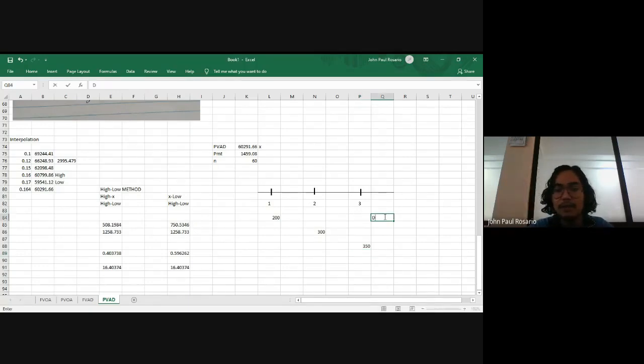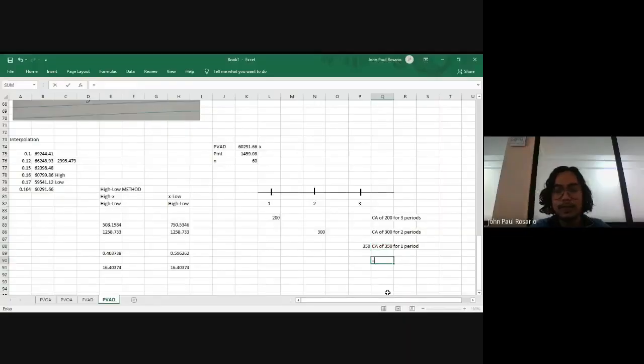So the future value or compound amount of 200 for 3 periods, and then the compound amount of 300 for 2 periods, and then the compound amount of 350 for 1 period.